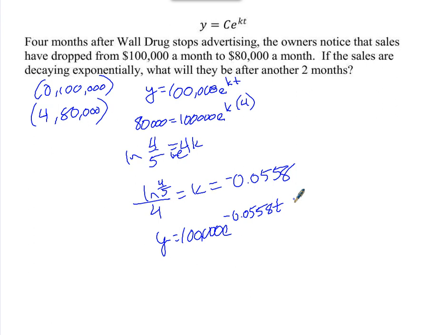Yes, because 6 months since the beginning is what we have to find. So we plug in 6 for t. Y equals 100,000 e to the negative 0.0558, and use the actual k that you came up with times 6. What do we get? $71,500.